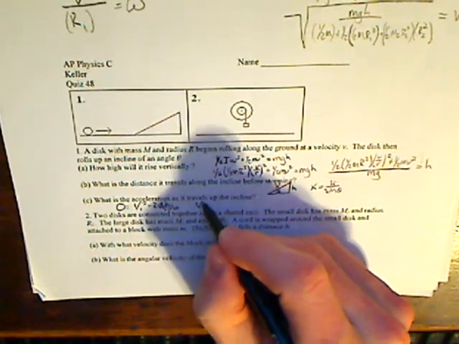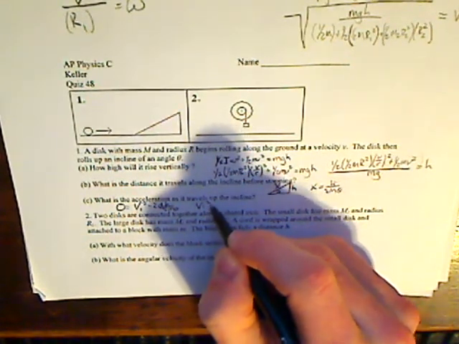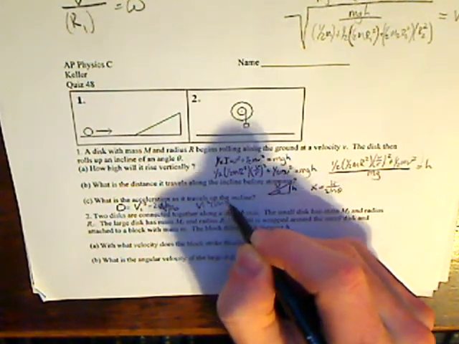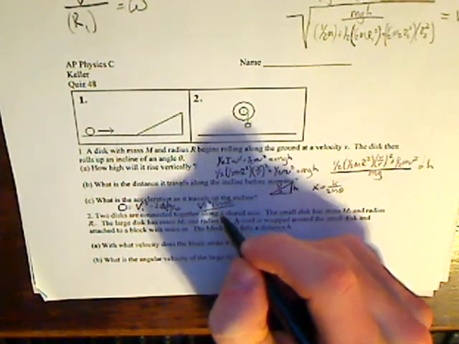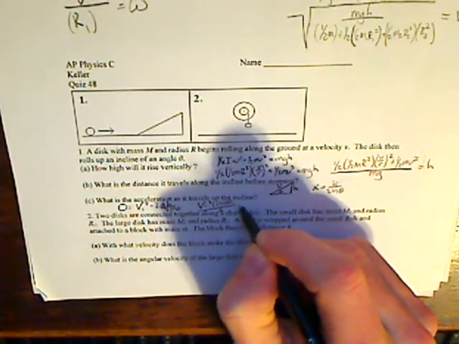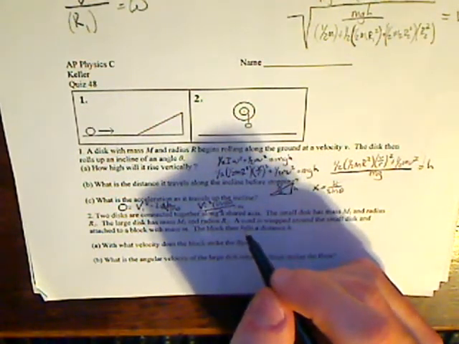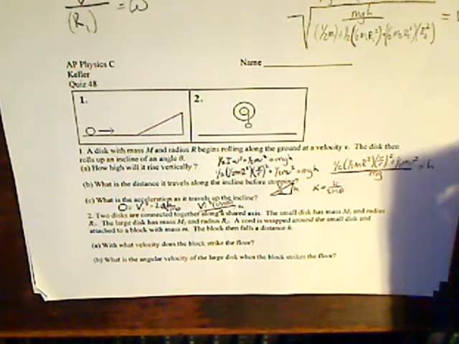So when you rearrange, it's going to be vi squared times sine theta over 2 equals a. That's going to be your acceleration.